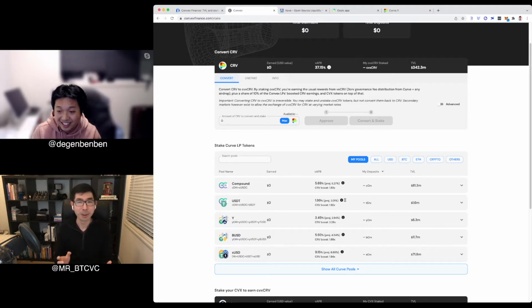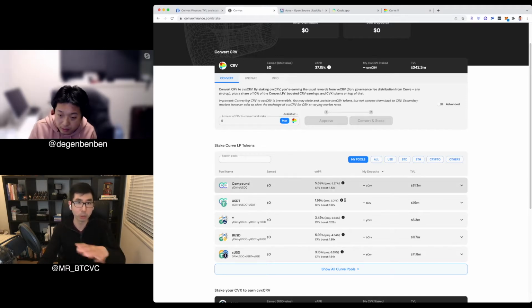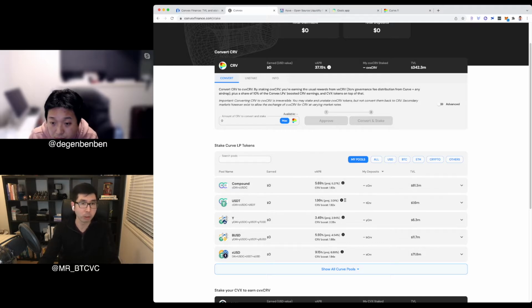Because here it kind of tells you what it is. You take your CRV and you can convert it to the Convex version of CRV here. Okay. And then you can stake that new cvxCRV into the Convex protocol.